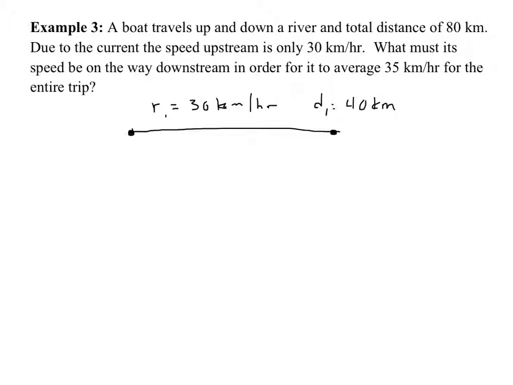What else can I label? Okay, D total is? D total is 80, good, in the problem. So therefore D2 must also be 40. Anything else?